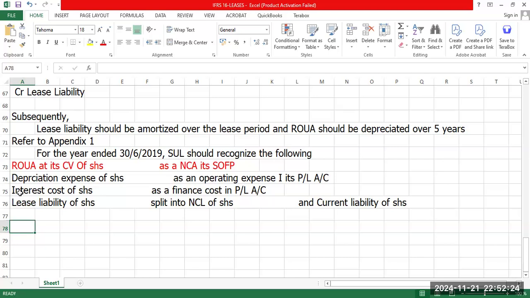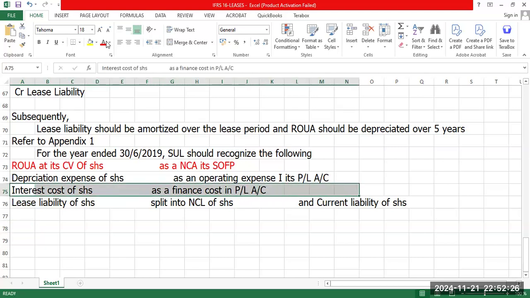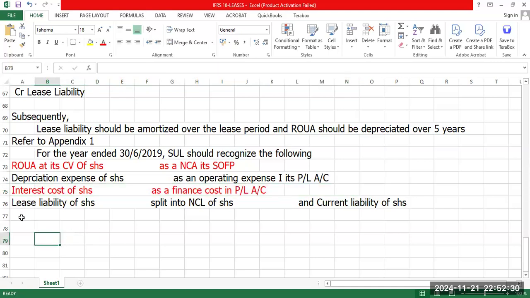Then the last item, because I said we have 5, is the one that we report in the cash flow statement, and that is the minimum lease payment. Minimum lease payments of shillings.